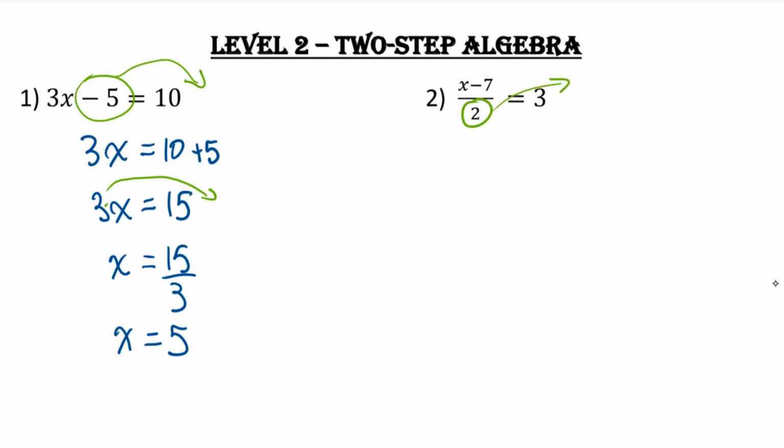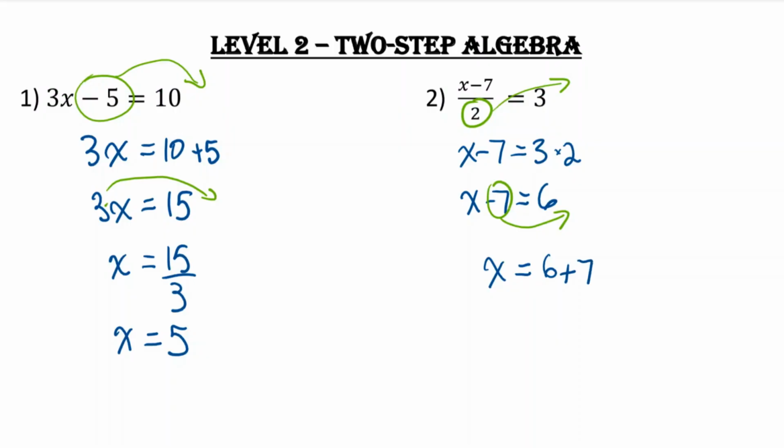Notice that it's divided, so on the other side it's going to be multiplied. So we've got 3 times 2. Update it, we get 6. Now we've got this subtraction of 7. Throw it over to the other side. It was -7, now it's +7. So we have 13.